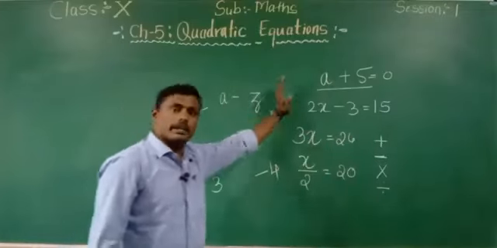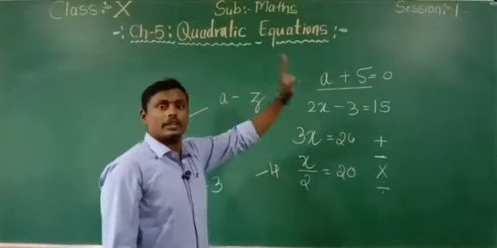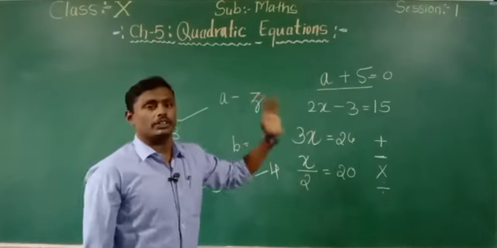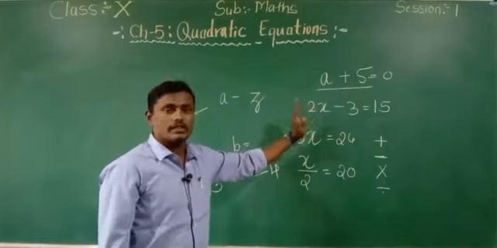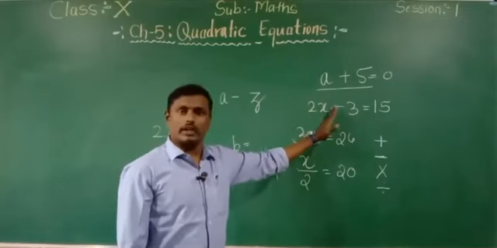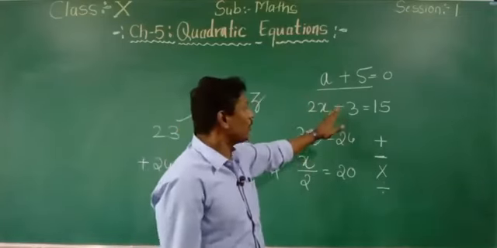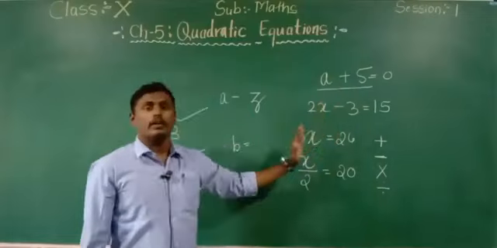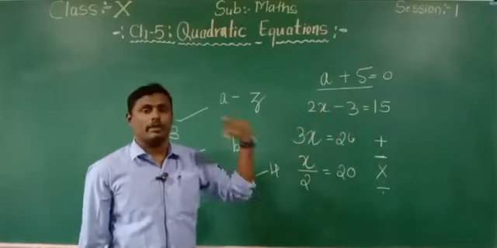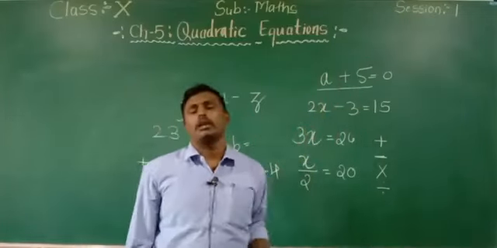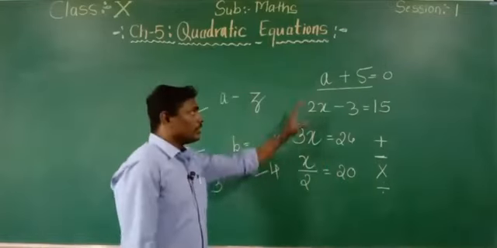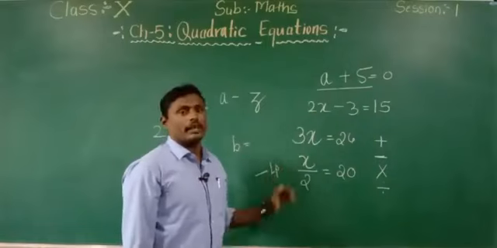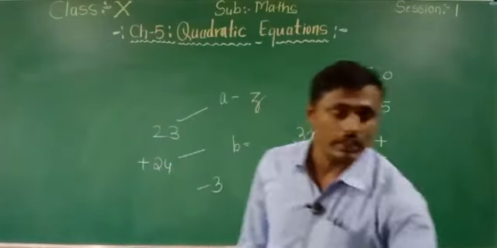So now you are getting some ideas about the equation. Equation is a combination of variables and constants, or constants and variables, with the help of the mathematical operations, whether added, subtracted, multiplied or divided. So these are some examples of the equation.